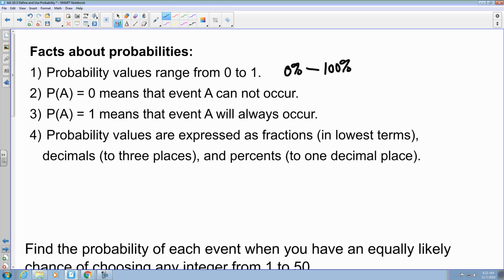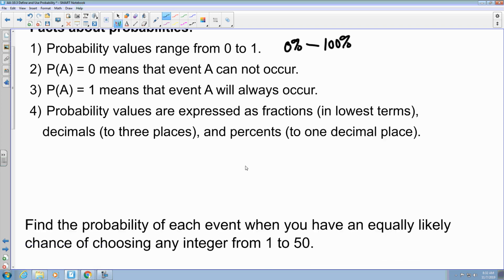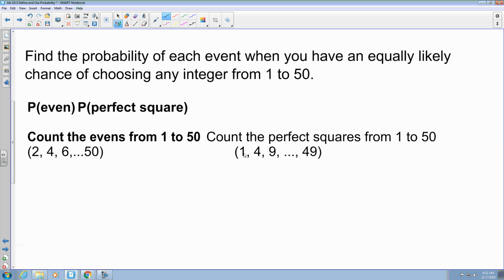Probability values are expressed as fractions in lowest terms, or as decimals, usually to 3 decimal places, and as percentages to 1 decimal place. Keep that in mind when we're looking at things that deal with probabilities.